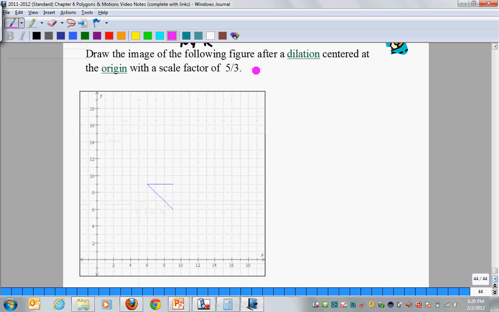It says, draw the image of the following after a dilation centered at the origin with the scale factor of 5/3. So the scale factor is basically our K factor. And we have 5/3. We can see that 5/3 is bigger than 1, so we know mentally that we're going to make an enlargement of our original image. So our original image, we have basically 3 contact points.